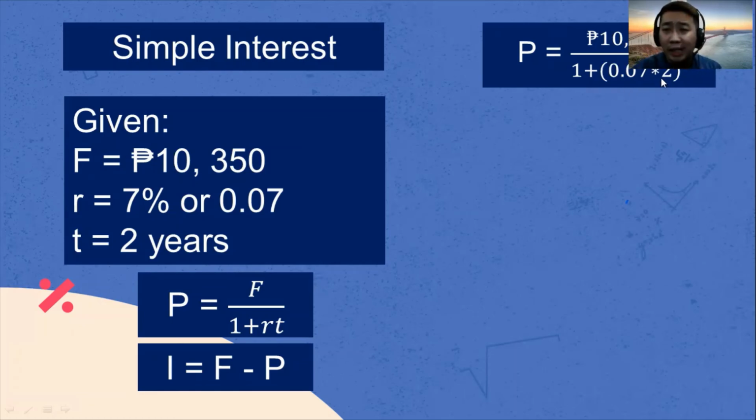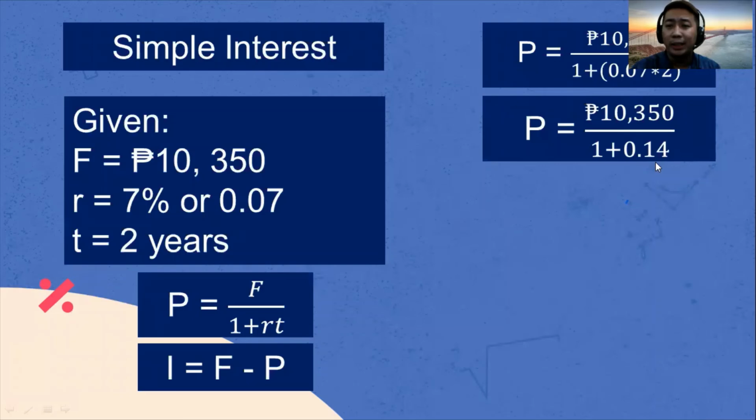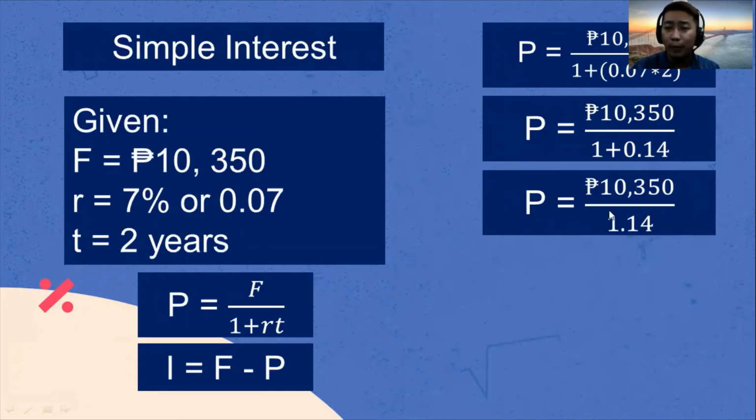The first process, solve this part. 0.07 multiplied by 2, the answer is 0.14. Then add this one, add the denominator. 1 plus 0.14? The answer is 1.14.